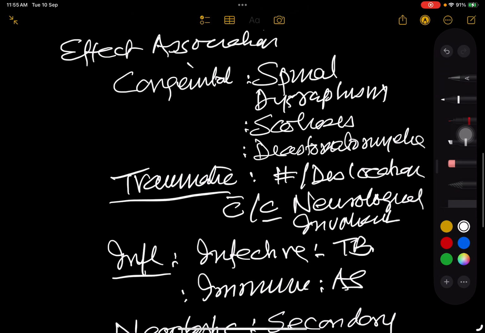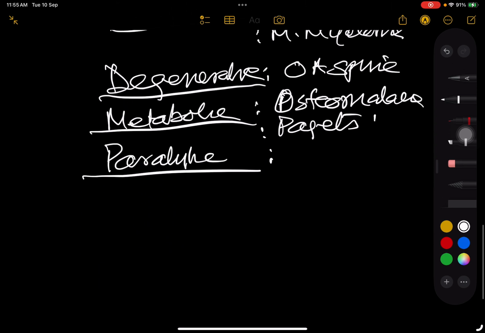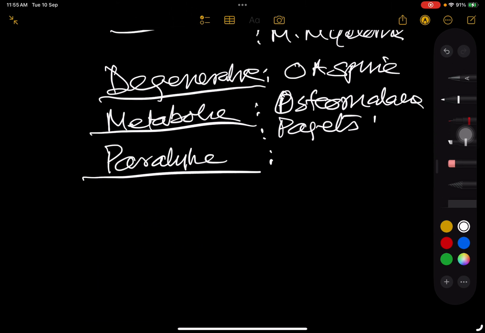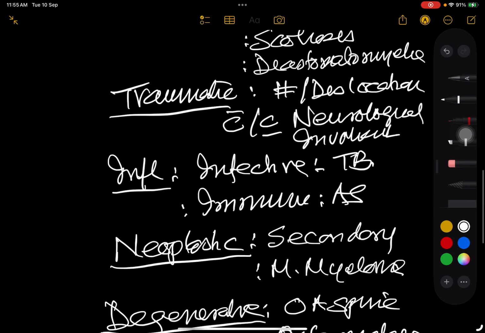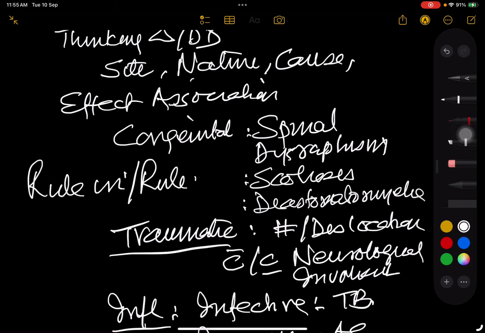So these are the conditions that you usually think of. You can add, detract or modify, but you have to do what is called as a rule in or rule out exercise to establish a diagnosis based on history or its differential diagnosis.